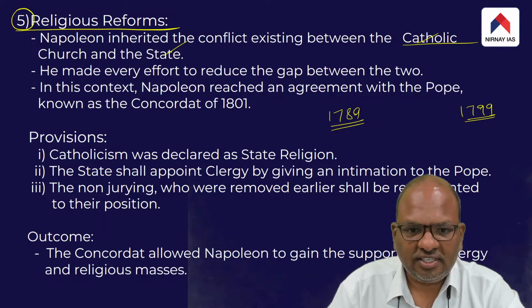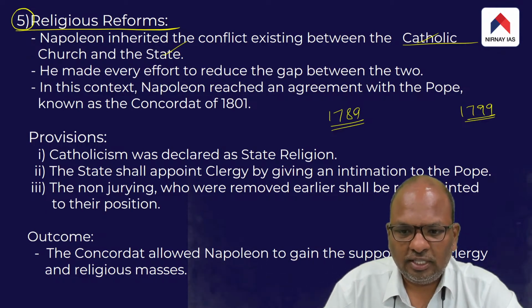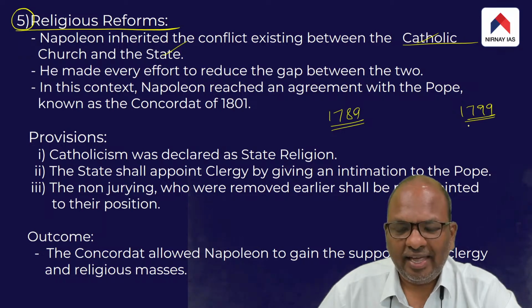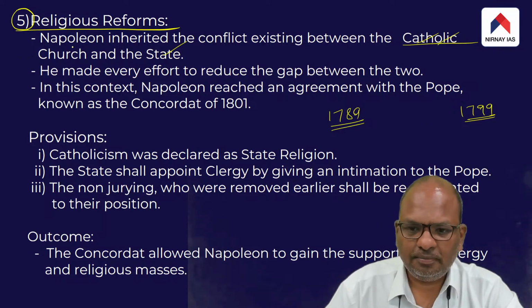This we have already discussed in our previous class. Let me repeat this point once again. The various revolutionary governments that were in power in France between 1789 to 1799 took extreme steps against the Catholic Church in France.